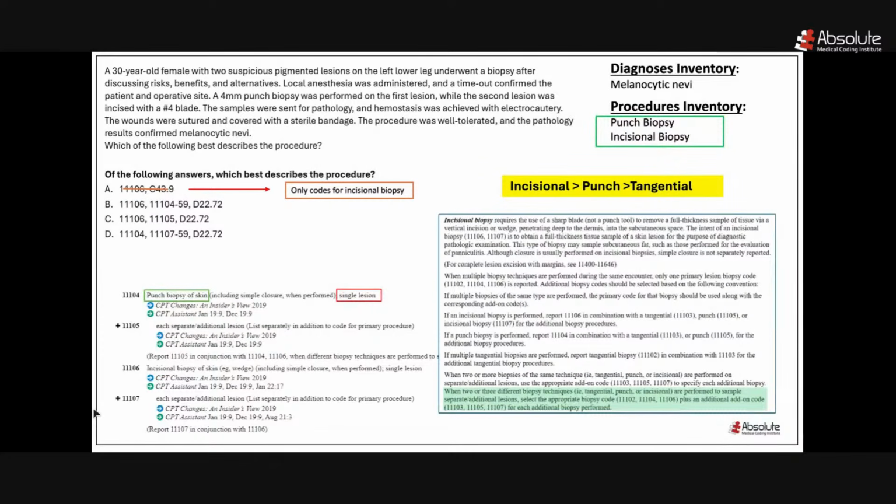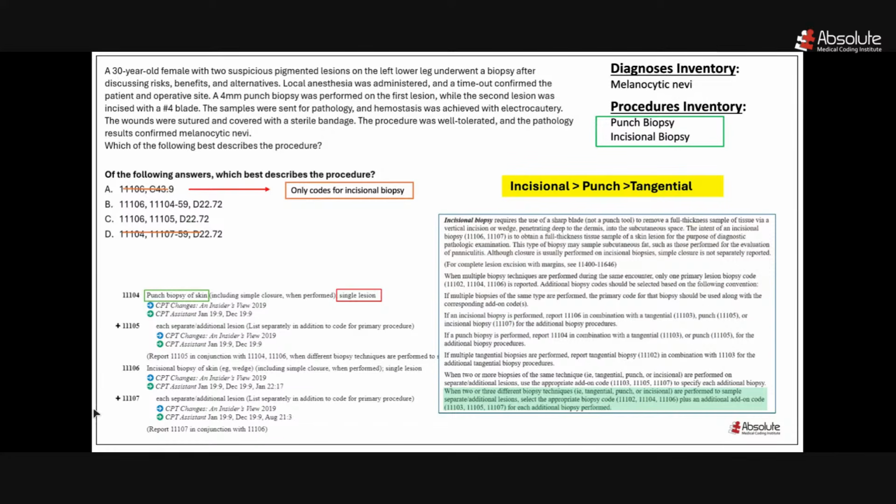The hierarchy states that you have to code the incisional biopsy first, followed by the punch, and followed by tangential. So we have a punch biopsy and an incisional biopsy performed in this scenario. I can see a lot of people are changing their answers in the chat, so I know you all got the aha moment. Great. So the guideline states that you have to code the incisional biopsy first, and option D is coding for the punch biopsy first. That makes option D incorrect.